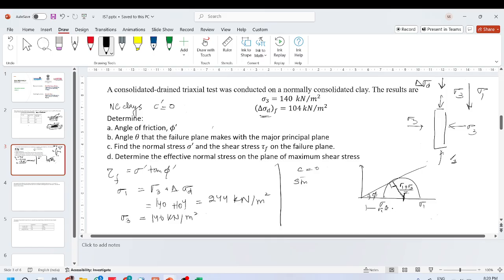This is sigma 1 minus sigma 3 by 2. So sine phi is sigma 1 minus sigma 3 by 2 over sigma 1 plus sigma 3 by 2, so sine phi is 244 minus 140 over 244 plus 140.